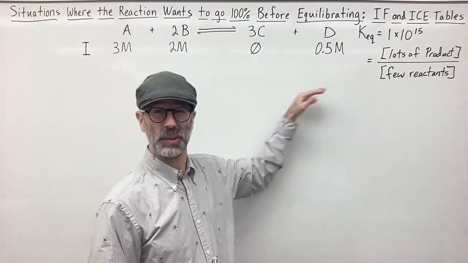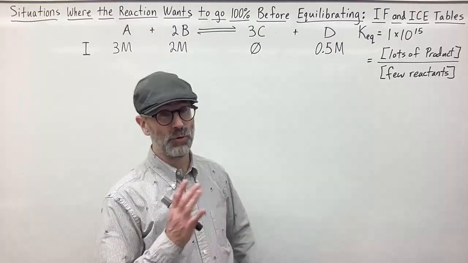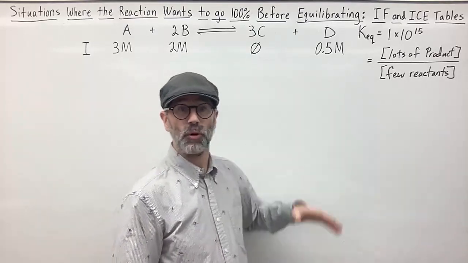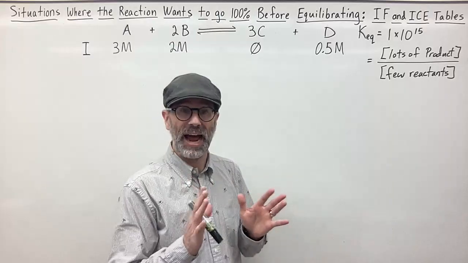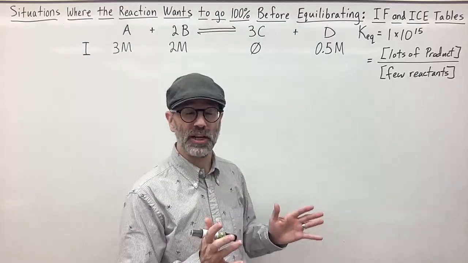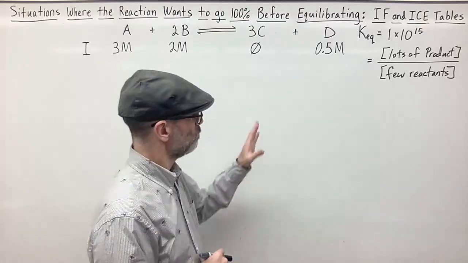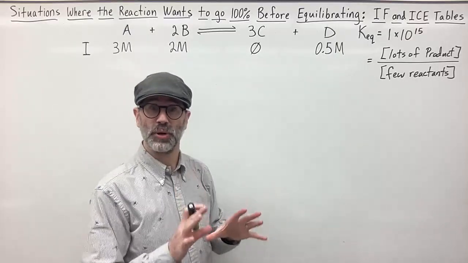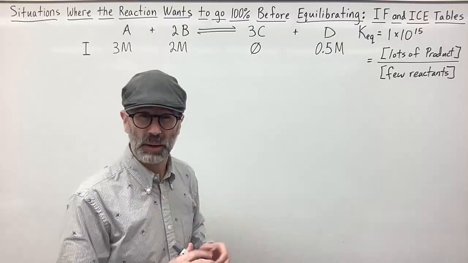It really isn't, but we're going to assume that it does. Then we'll figure out what is left after it reacts to completion, and then we'll have to go back the other way in order to rebalance. So let me show you what I'm talking about.